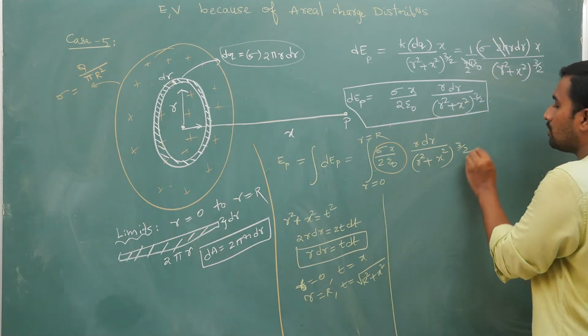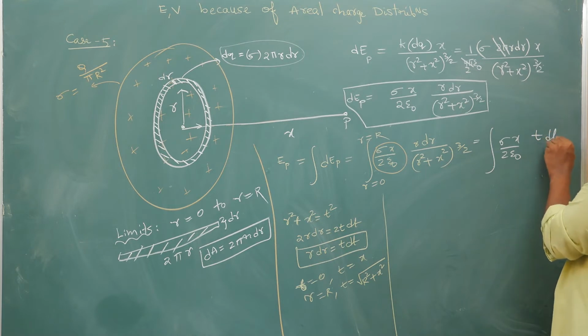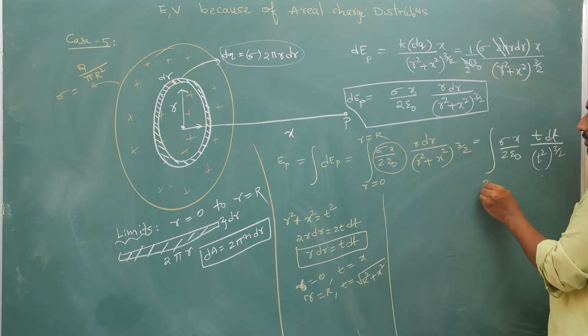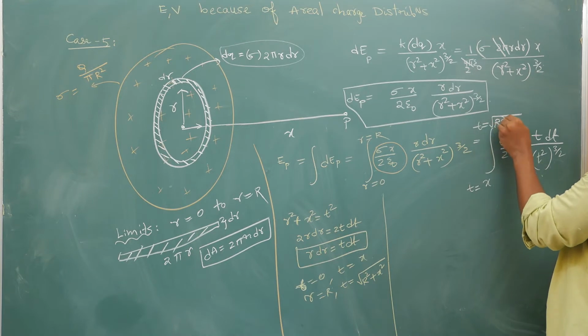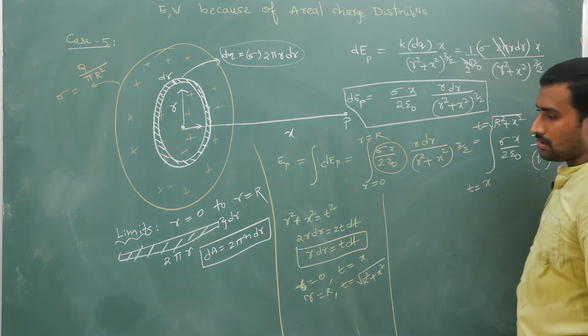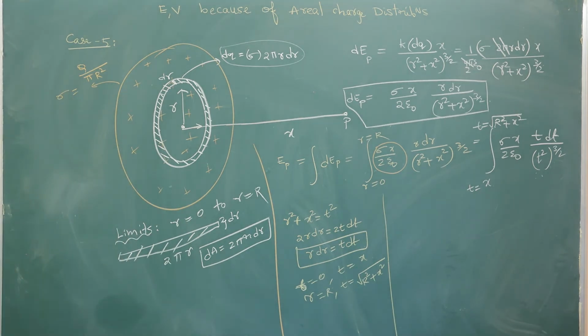That will give you the integral of sigma x by 2 epsilon naught times t dt, since r dr is equal to t dt, by (t square) whole power 3 by 2, from t equal to x to t equal to under root r square plus x square. Now simplify the result, you will get the answer. Take the strip and then do it, integrate it, simplify it, you will get the answer.